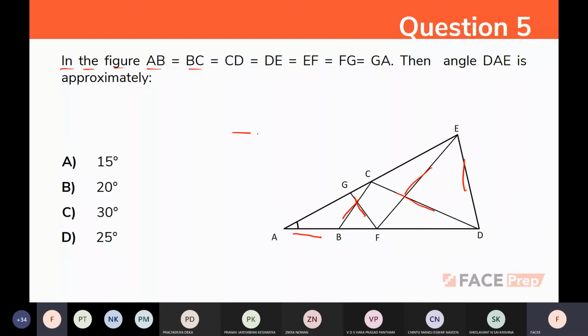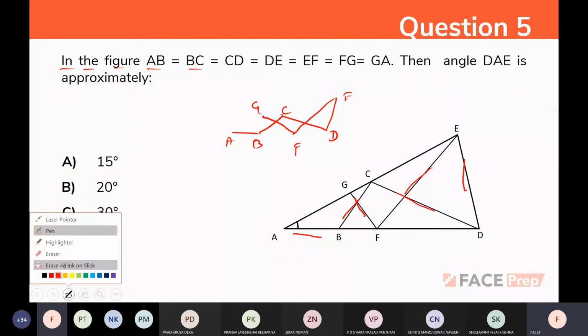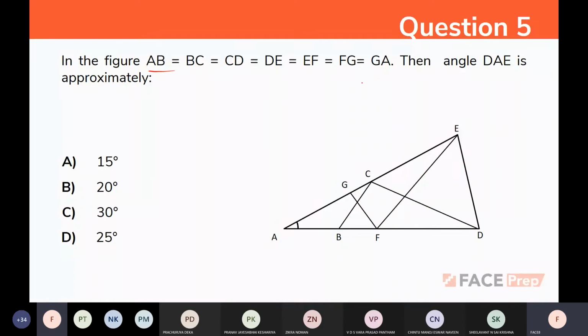So it's going like this: AB, BC, and CD, and DE, and EF, and FG. So that's the condition that they have given.